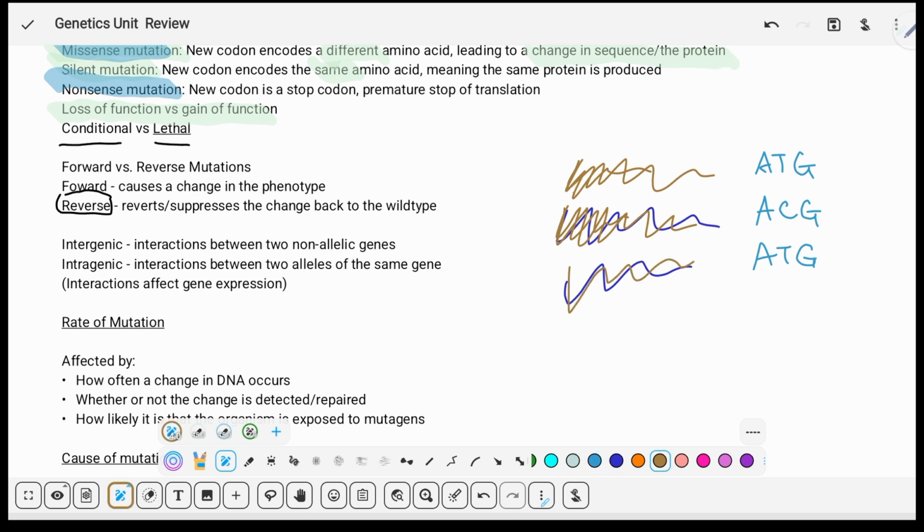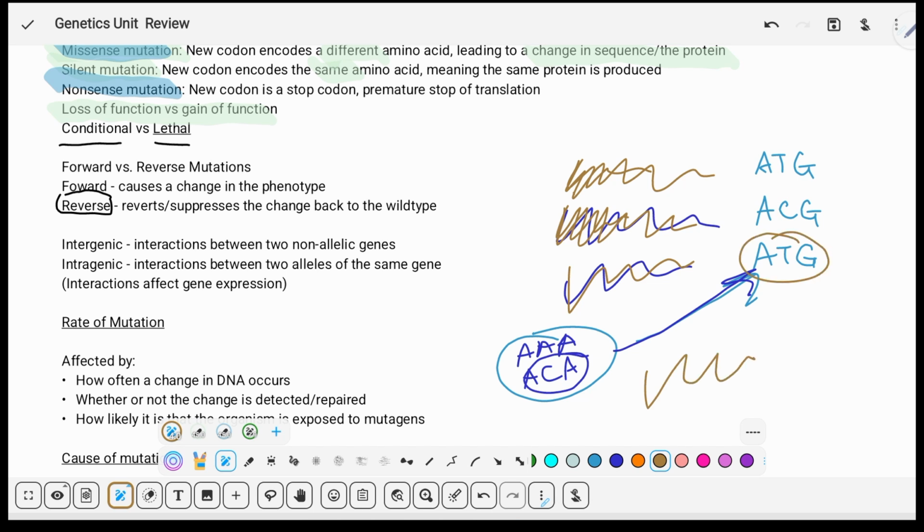Or we could have a mutation on a completely other protein that overshadowed this blue protein. So say it used to be A, and now it's ACA, and this suddenly makes a brown protein that overshadows this blue protein, and then it also goes back to brown, but this is still mutated. So that's the two different ways reverse mutations can work.